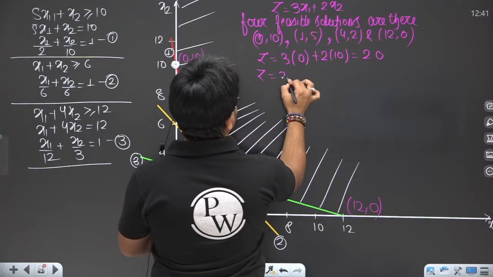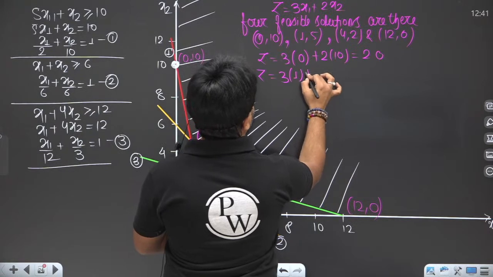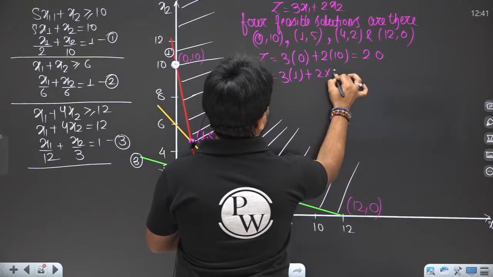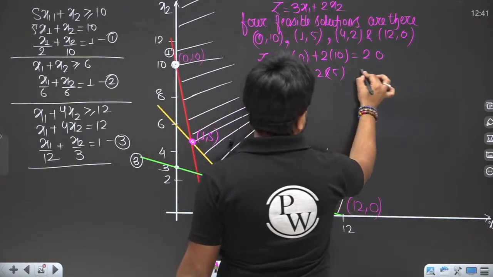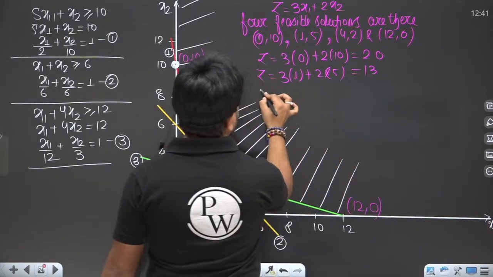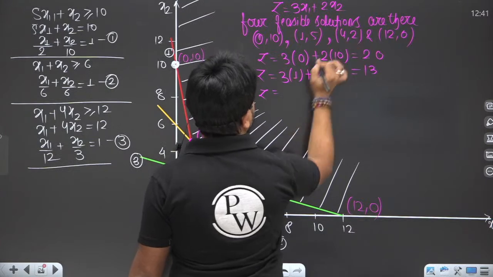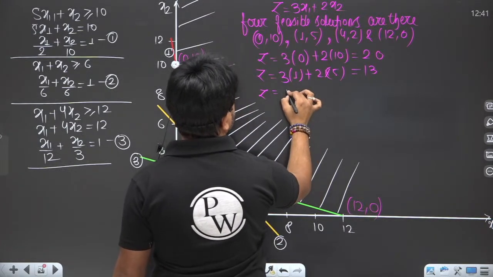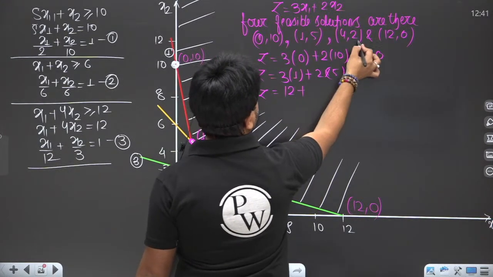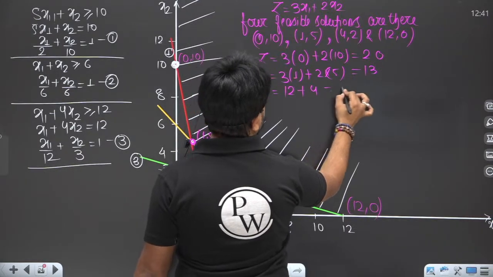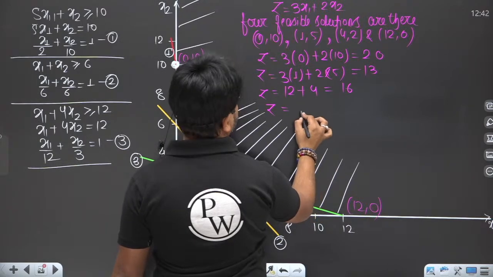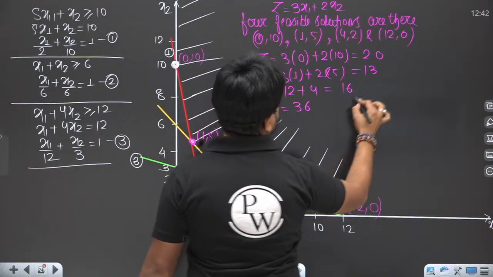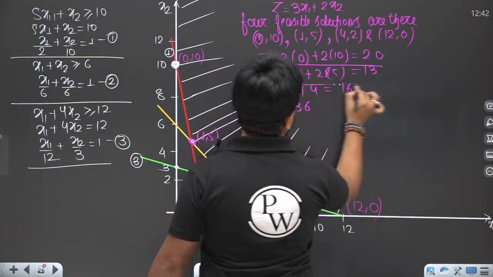At 1 comma 5, 3 into 1 plus 2 into 5, that is 13. Z at 4 comma 2, 4 threes are 12 plus 4, that is 16. Z at 12 comma 0 is 36. So my dear, this is the minimum.